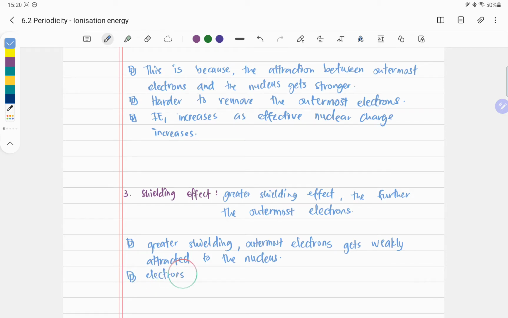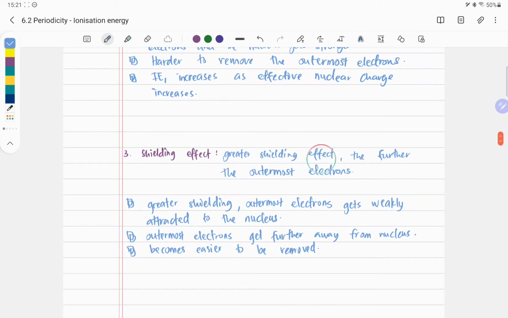The outermost electrons get further away from the nucleus. So it becomes easier to be removed.